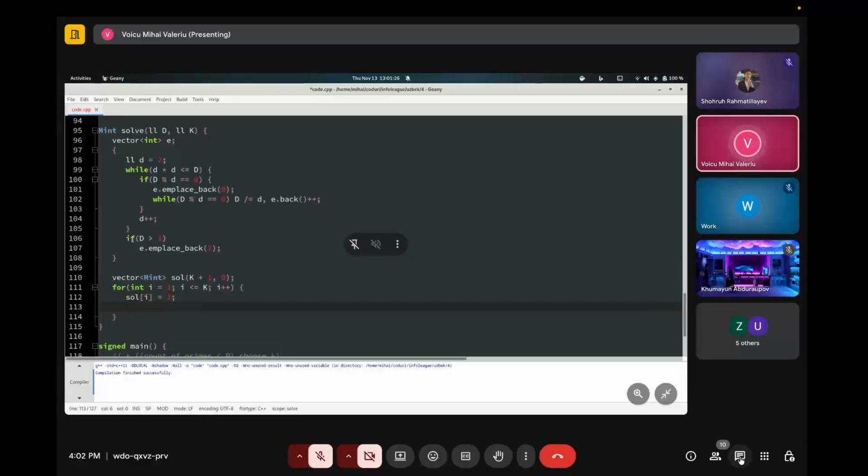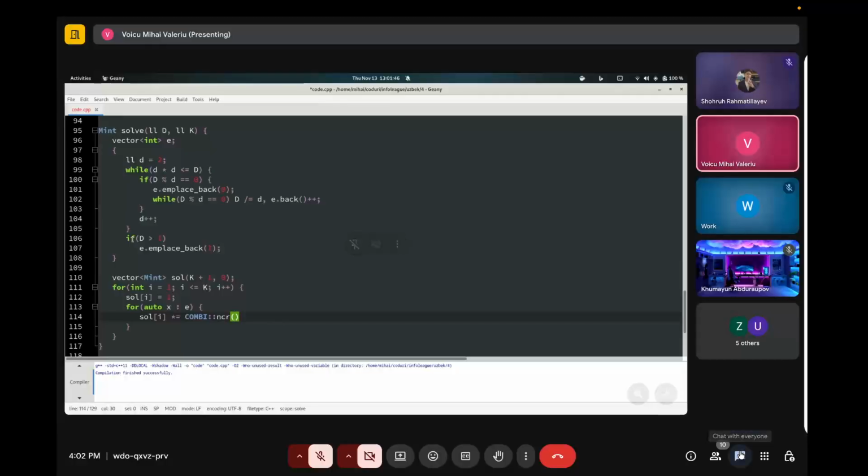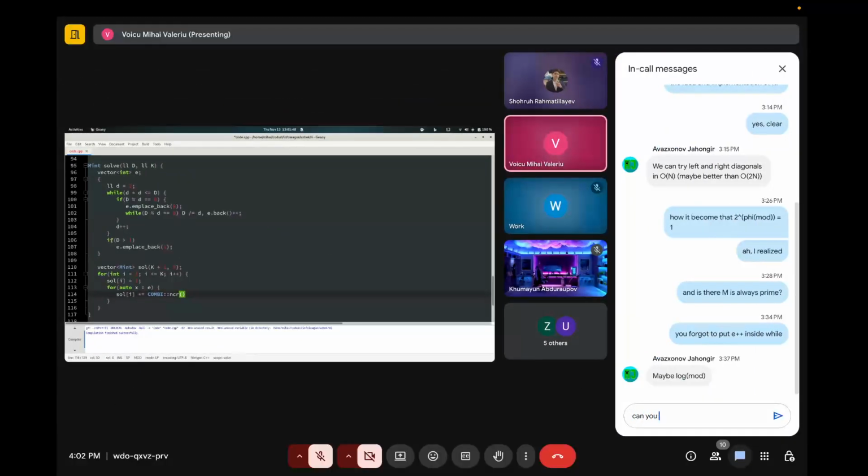so of I is going to be multiplied by the number of ways to distribute X exponents into K buckets, which is, I hope, X plus K minus 1 choose K minus 1.